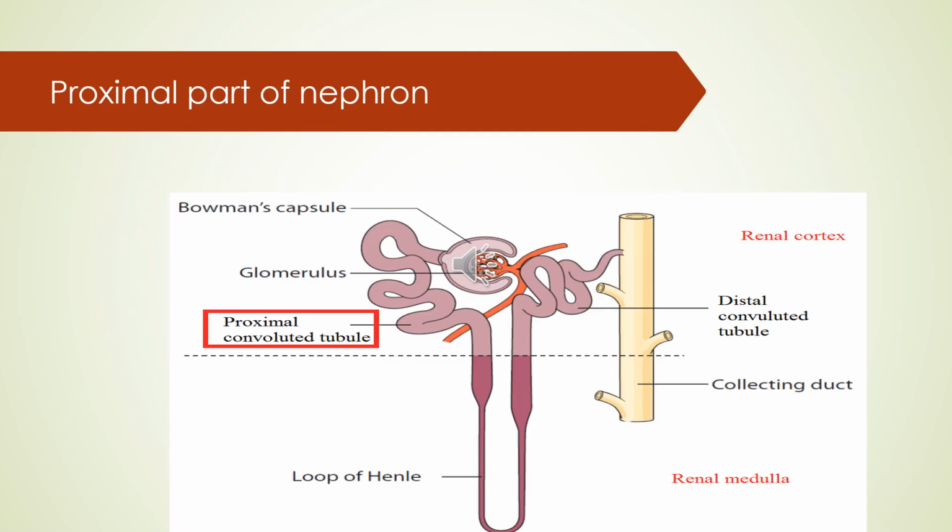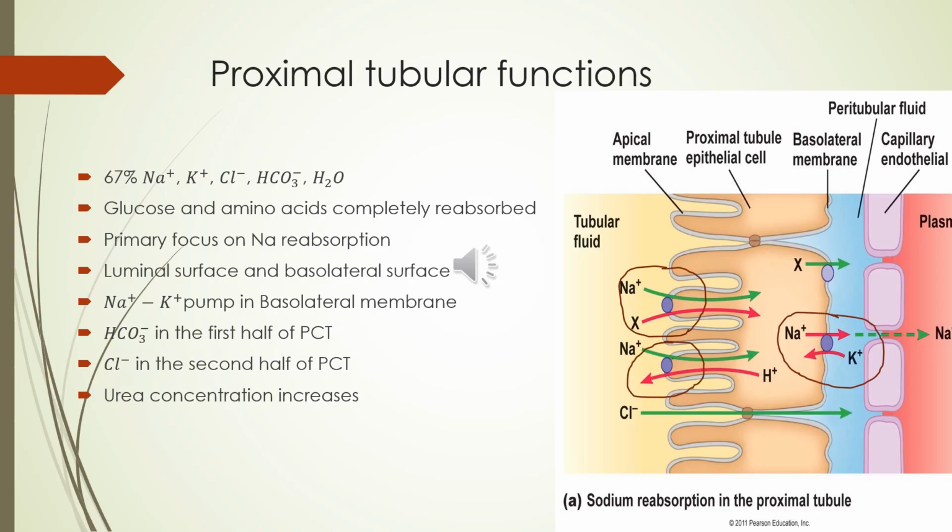Now let's see what functions happen in the proximal part of the nephron. The proximal tubule has a very significant role in reabsorption and secretion of substances in the tubular fluid. See, the filtered glucose and amino acids in the tubular fluid are almost completely reabsorbed from this proximal part of the nephron.